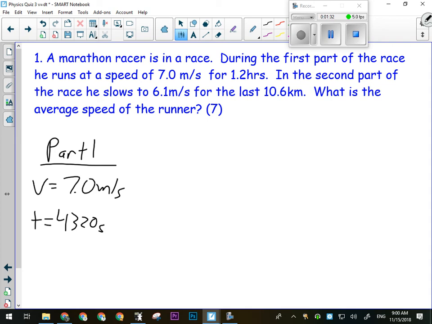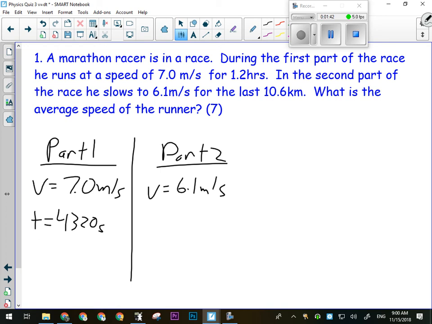Okay, and then in part two, we've got a slower pace, okay, 6.1 meters per second, and that is over a distance of 10.6 kilometers, which I'm going to make match my units here. All right, I'm going to make that 10,600 meters.